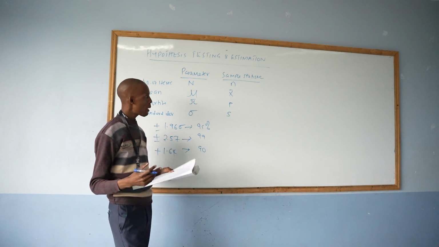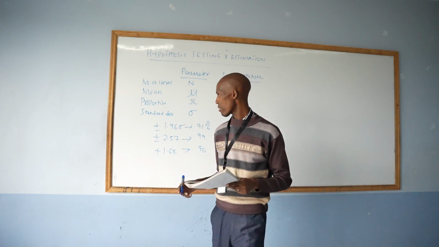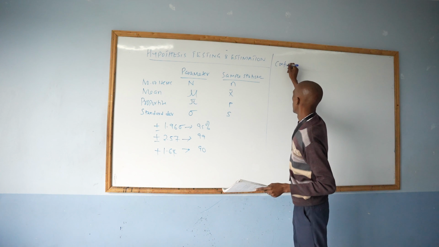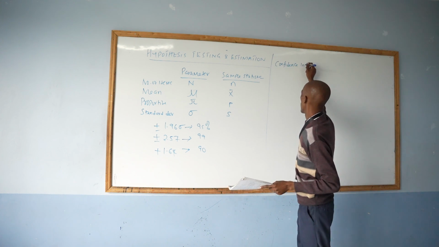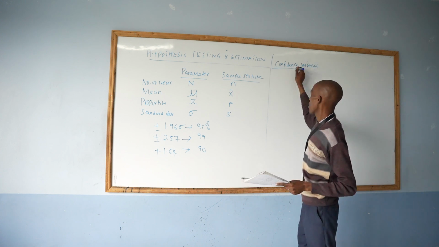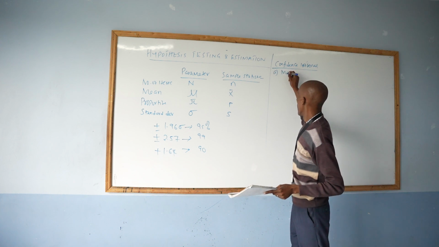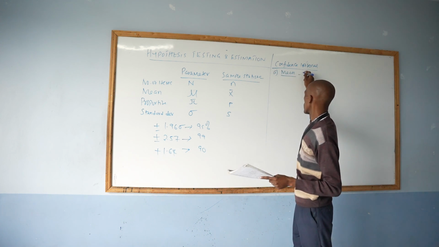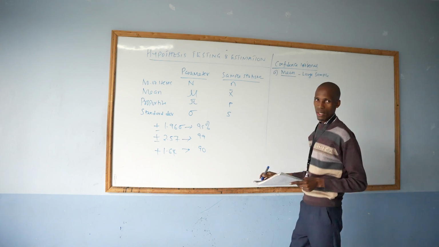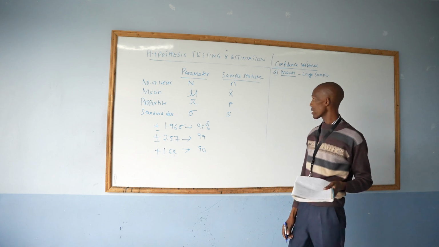Now, when we are going to come up with what we call the confidence interval, this is how we do it. For the mean, we always start with the mean. Mean is the common one. In this case, it is a large sample. A large sample is where we assume the sample size is greater than that, we say it is a large sample.